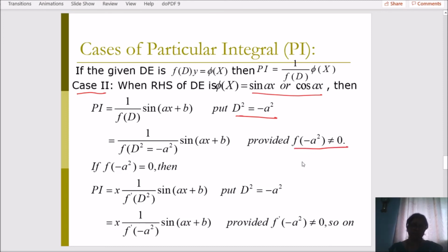If this value is equal to 0, again apply the same method, that means multiply the numerator by x, differentiate the denominator term with respect to D, and again substitute D² = −a², provided this value is again not equal to 0. If this value is equal to 0, again multiply by x, that means x², then 1 upon the differentiated terms again, that means 1 upon f''(D²) times sin(ax + b).